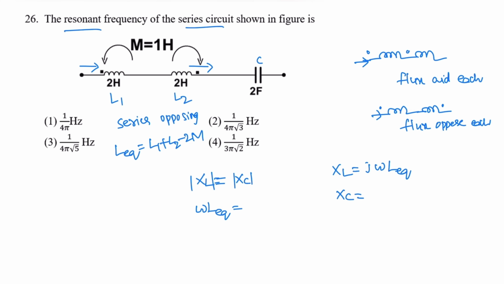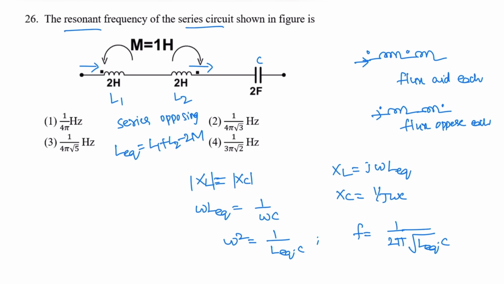XC is 1 by j omega C. So from this, omega L equivalent is equal to 1 by omega C. Omega square is 1 by L equivalent into C. So from this, resonant frequency f is equal to 1 by 2 pi square root of L equivalent into C.